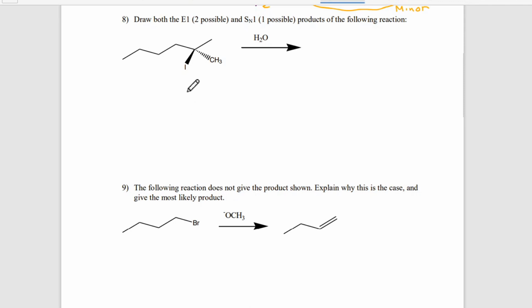It says draw both the E1, two possible products, and the SN1 of the following reaction. Now, in this case, of course, because there is no strong base, we have a weak nucleophile, we have a weak base, and a weak nucleophile.